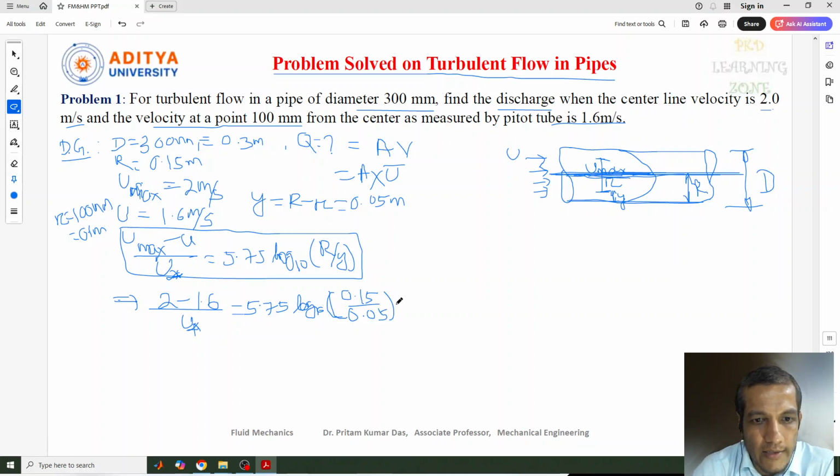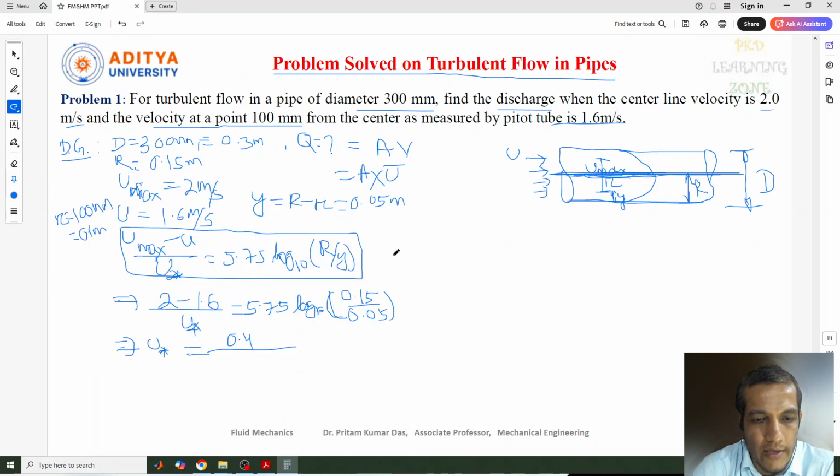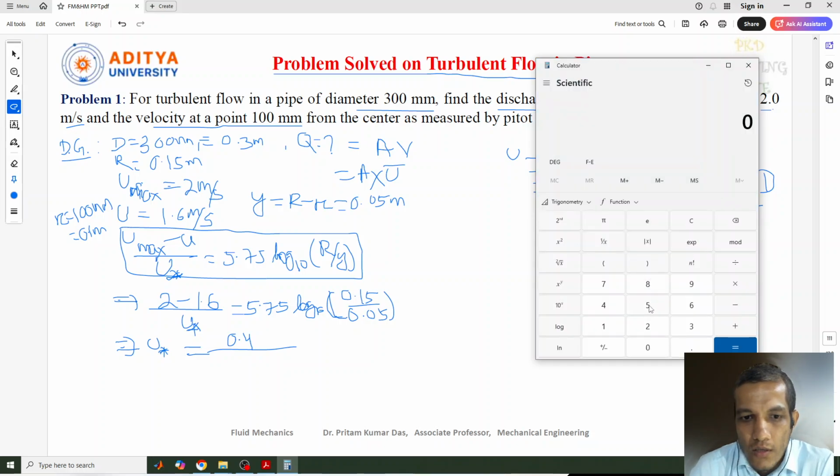Now what is the unknown here? u star is the unknown, as we can easily identify. So I'll keep u star on one side, and on the other side we get 2 minus 1.6, that is 0.4, divided by this value. I'll multiply with the help of this calculator. Now 0.15 by 0.05 is nothing but 3.